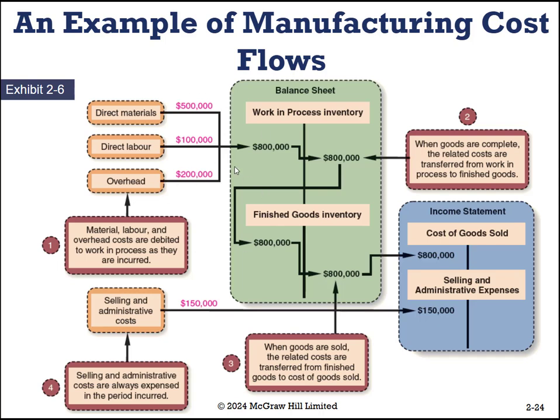We have $800,000 of our costs that are now being worked on. From there, eventually all of those costs will be worked on and translated from work in process to finished, or cost of goods manufactured. And once they're manufactured, they turn into finished goods. Those finished goods, once sold, become cost of goods sold.